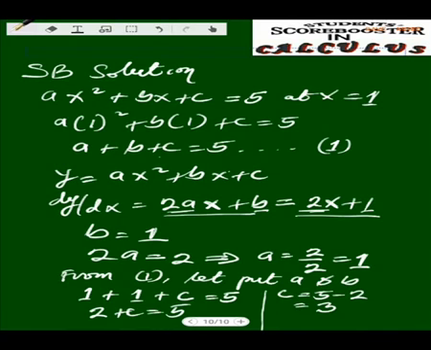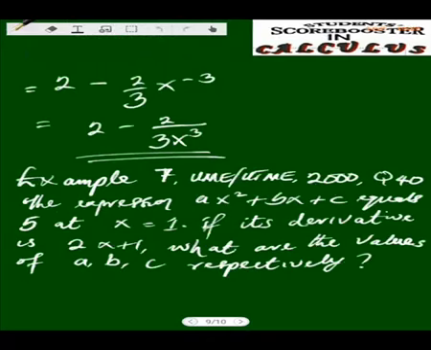Going by the question, it says, what are the values of a, b, c respectively? This is English. It means the value of a should come first, b follows, and c comes last.